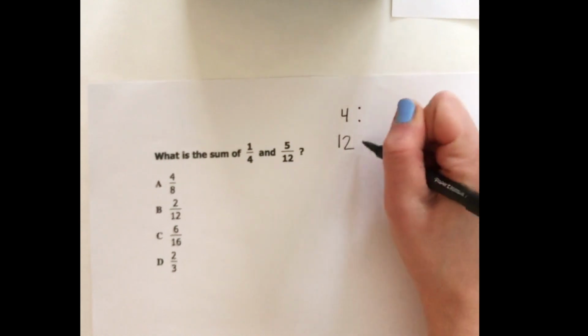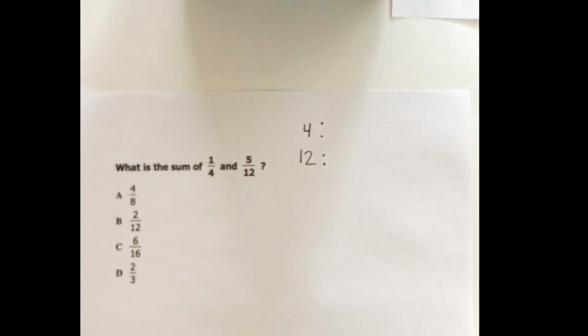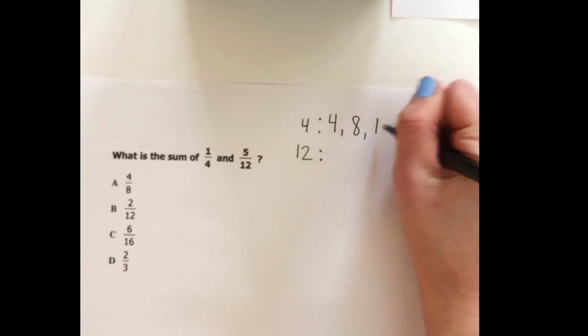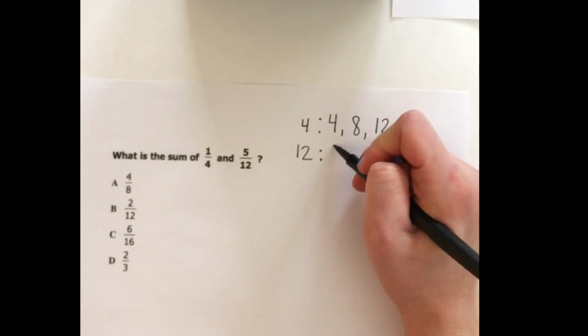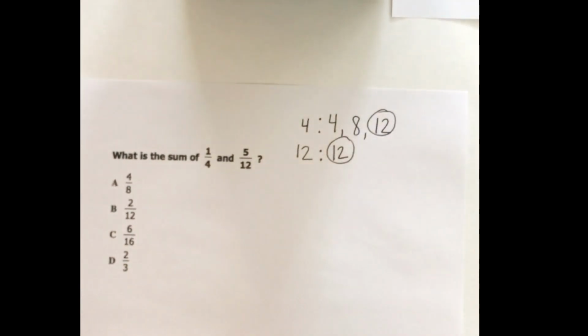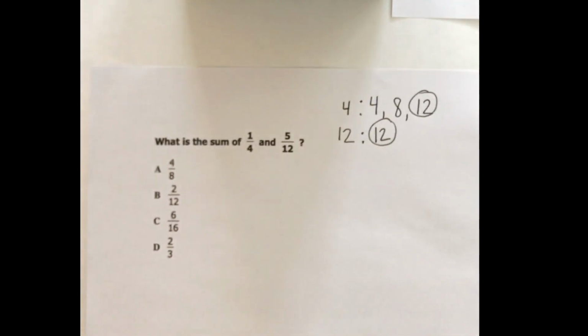So I'm going to list the multiples of 4 and the multiples of 12 until I find a common denominator, or the LCM, least common multiple. 4, 8, 12. And I'm going to stop right there because 12 is the first multiple of 12, which means 12 is going to be our LCM.